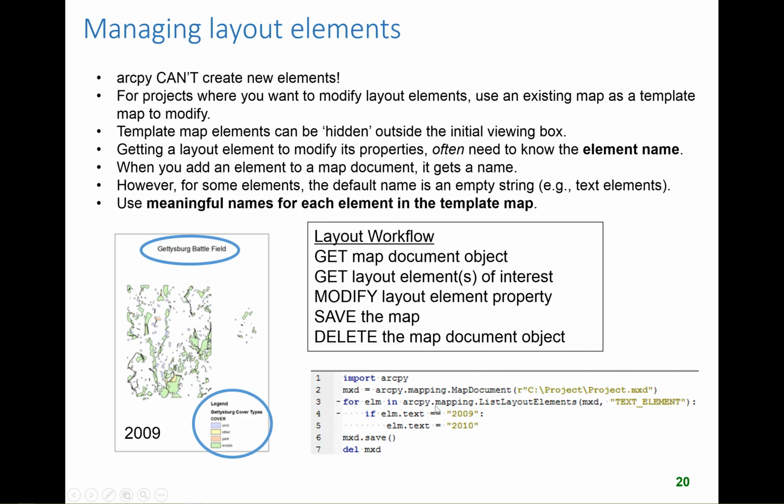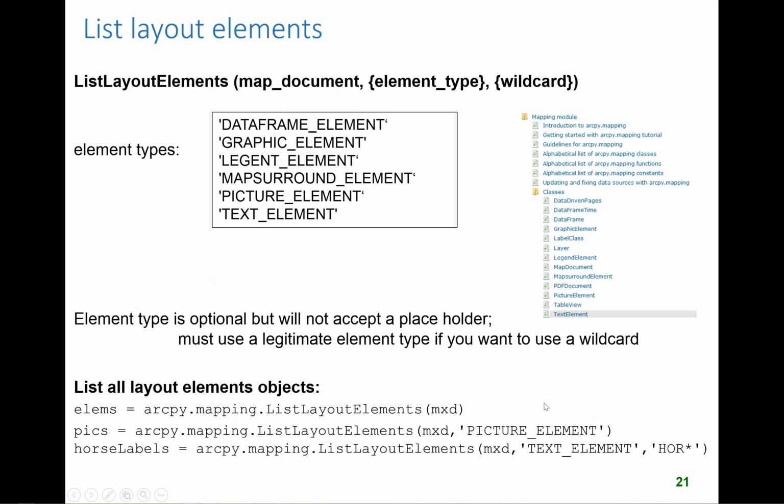Let's look a little bit more closely at that listLayoutElements method. The listLayoutElements method takes three parameters. The first is required, the MapDocument object. The second is optional, and the third is optional. The second is the element type. These are the potential values for the element type.